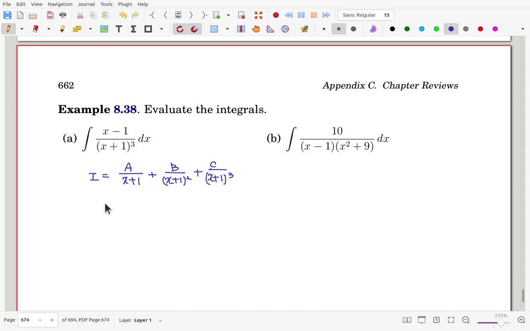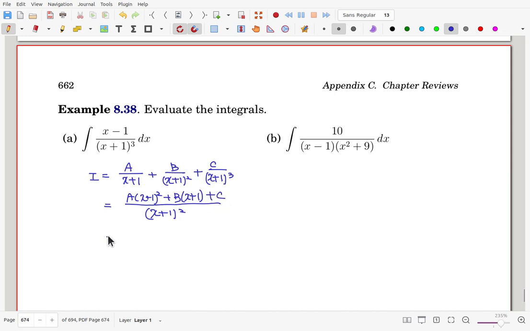How? Just try the common denominator, which is (x plus 1) cubed. For the first one, A times (x plus 1) squared. That is B times (x plus 1), and we have a C here.